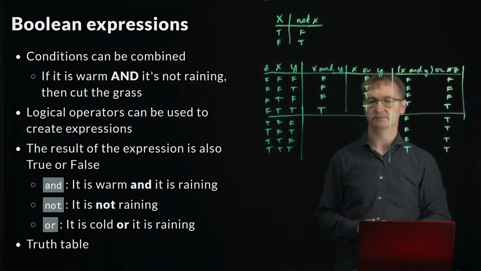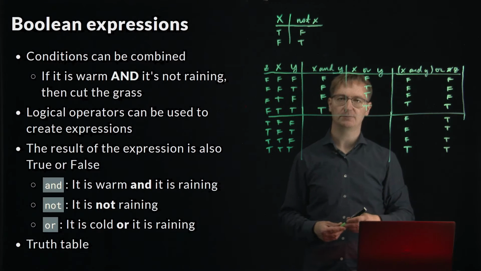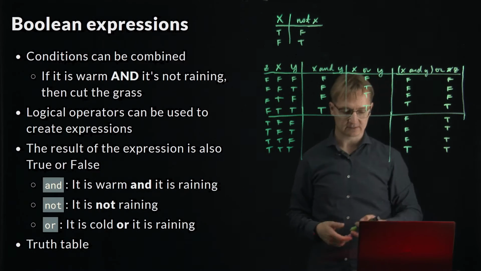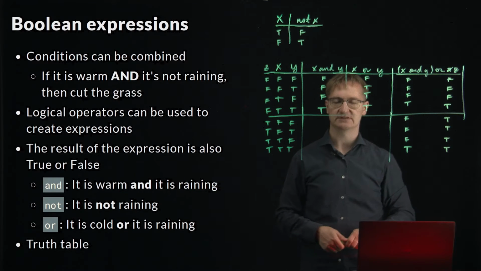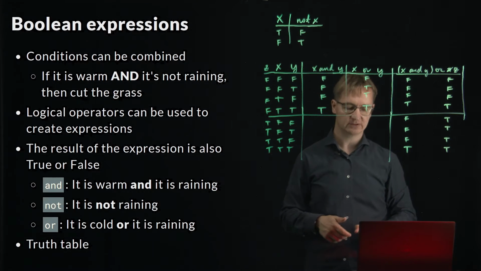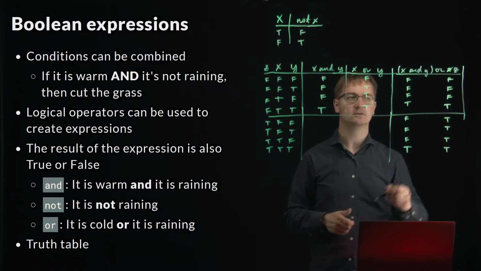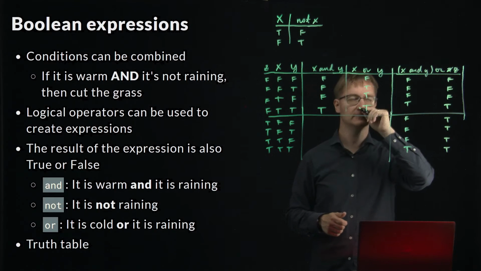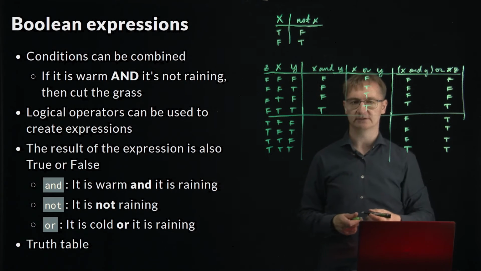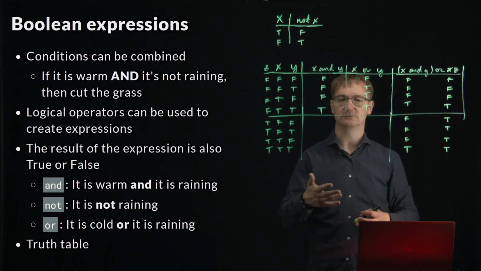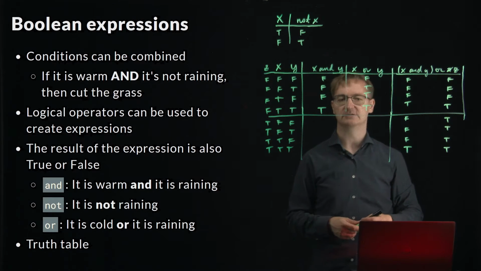So that's the result here. As you can see, you can combine different expressions to get more complex expressions. And usually in code, you might not want to write conditions that are too complicated, because it's harder to read and it's harder to debug or find problems in your code.